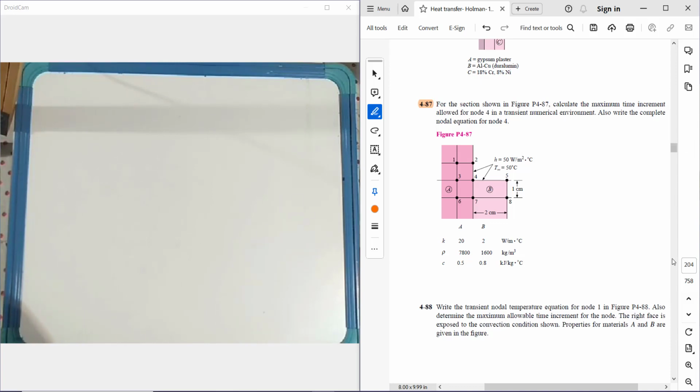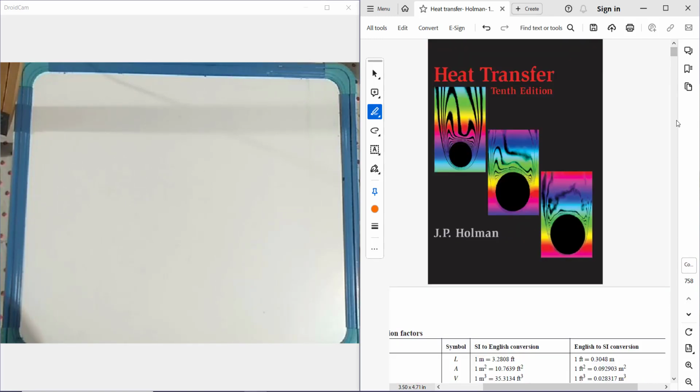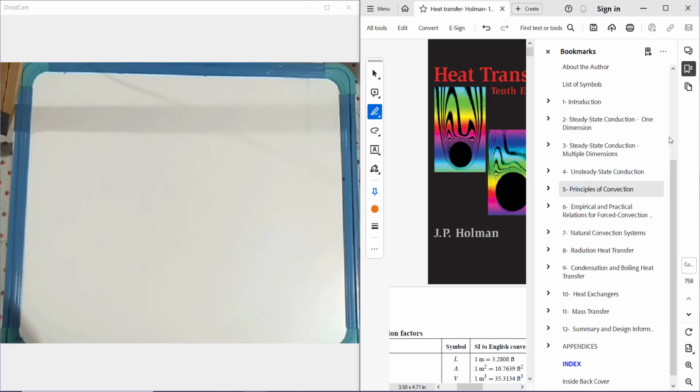But first, as always, let me just introduce the reference. The reference is Heat Transfer, 10th edition, by J.P. Holman. This is a good book to solve these problems.